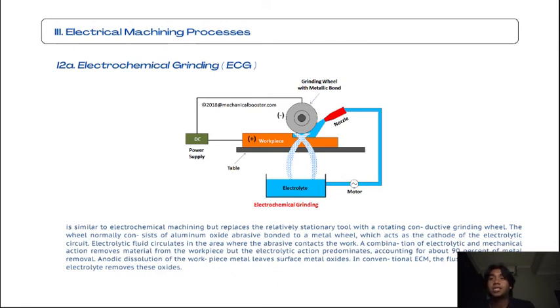The process has the advantage of relatively high metal removal rates for hard metals, freedom from heat damage to the workpiece, and the ability to grind fragile parts. And plunge, surface, cylindrical, and internal grinding are all feasible with the process.